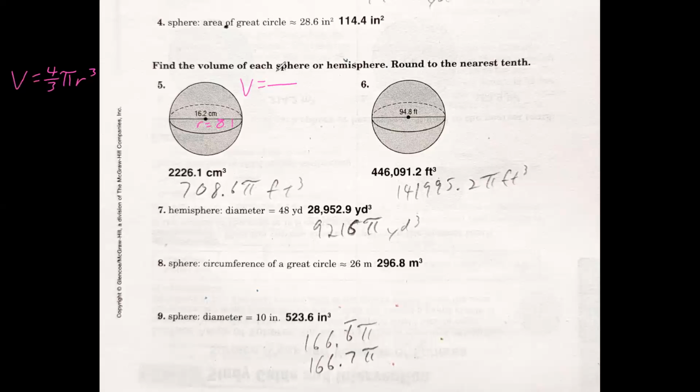Volume equals 4/3 pi r cubed. So 8.1 has to be cubed.